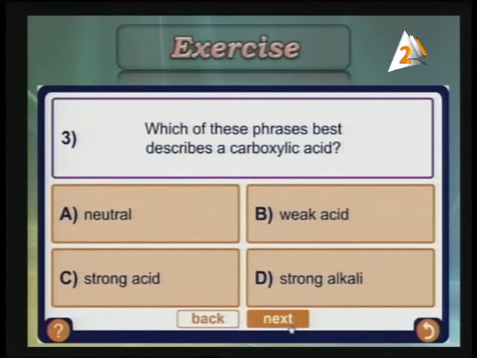After that, which one of these phrases best describes the carboxylic acid? Which one of these properties is carboxylic acid? Is it neutral? Wrong. It is acid. So is it strong acid? Also it's wrong. So we have weak acid, maybe strong alkali. Alkali is completely wrong. So this is weak acid. Why?